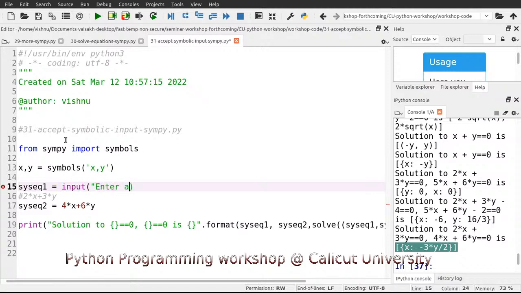Now enter a linear equation in two variables, x and y. So that's the message that we are showing.